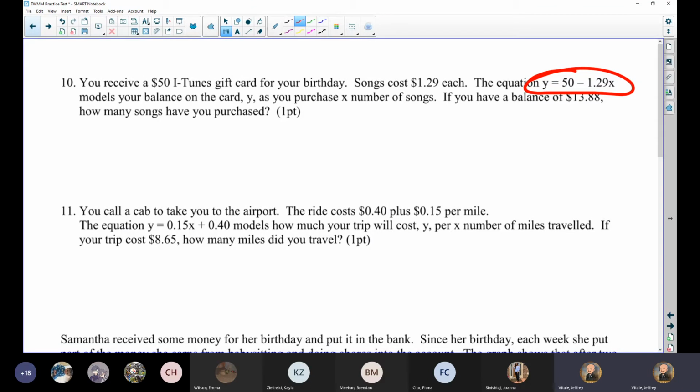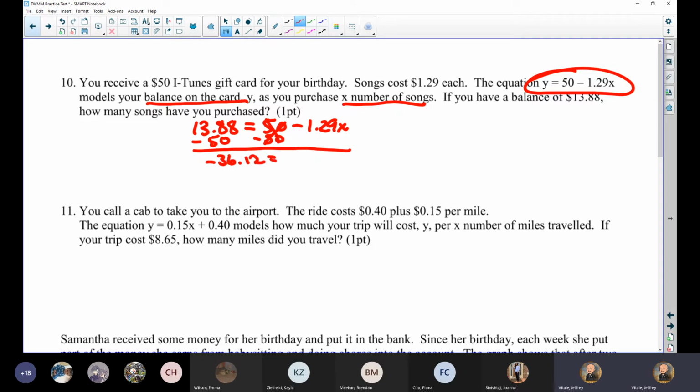It says, if you have a balance of $13.88, how many songs have you purchased? Well, X is your number of songs and Y is your balance. So if our balance is $13.88, we're plugging that in for Y to solve for X. If I subtract 50 from both sides, because I got to get the variable by itself first, right? 13.88 minus 50 is negative 36.12.